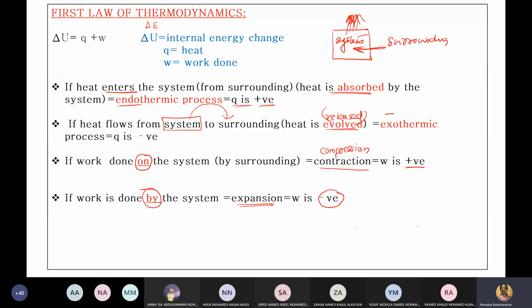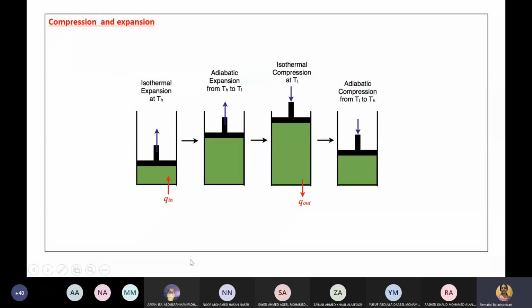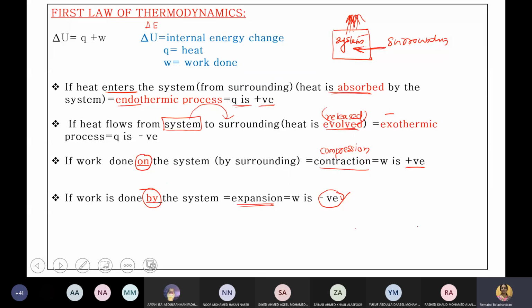So if I do work, I will lose energy, so W will be negative. Think that way. If you are doing work, W is negative. If work is done on the system, W is positive. So don't forget these four points. Now I'll tell you the meaning of the terms contraction and expansion. See, look here, dears. Before that, I just want to remove this, just a minute.